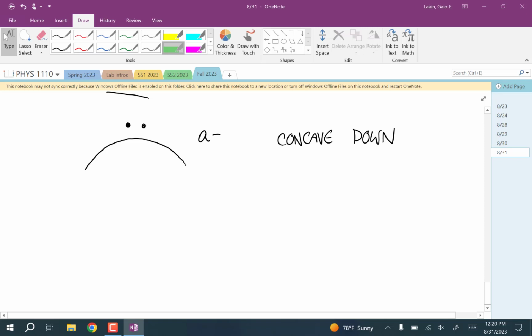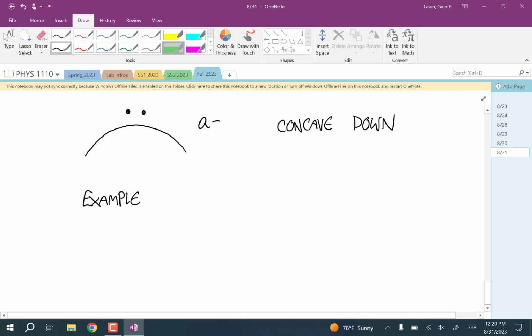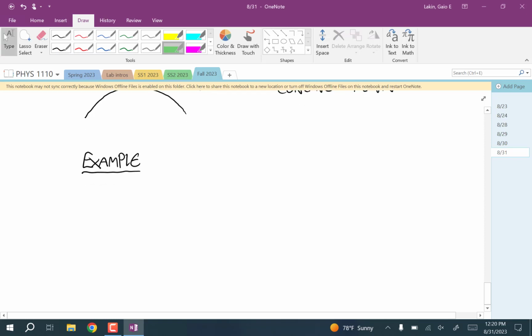Anybody have any questions about that? Anything on acceleration? So let's do another example. Let's say this is our position versus time graph.